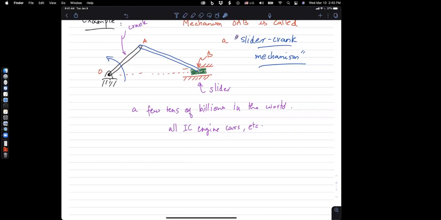Let's say you're given the rotational motion of this part, and then you'll be asked what's the linear velocity of the slider, or what is the angular velocity of this thing. Or if you know the angular acceleration of this, what is the linear acceleration of this. Or vice versa, where you are given the linear velocity or acceleration of this, and you're asked to find the angular velocity or acceleration of this. That's the kind of problem that you might see.